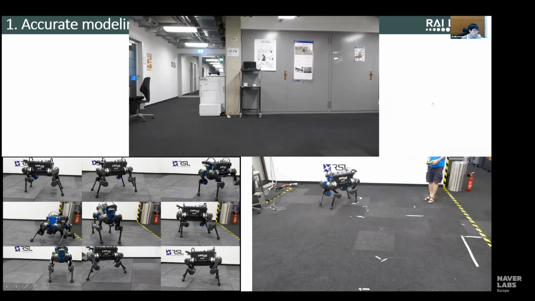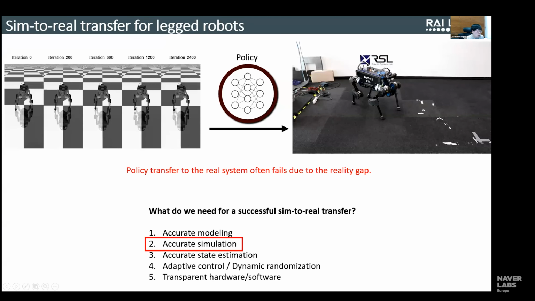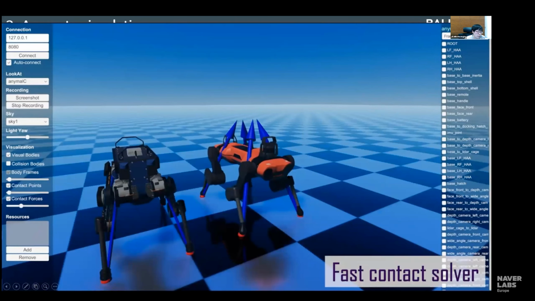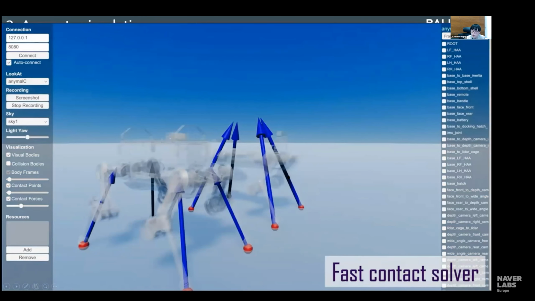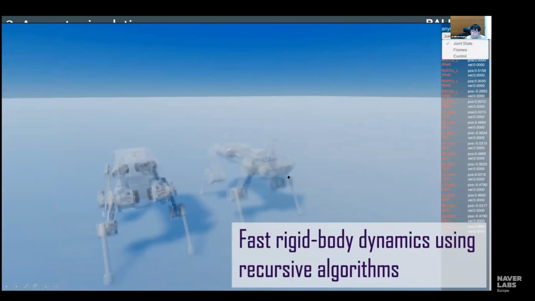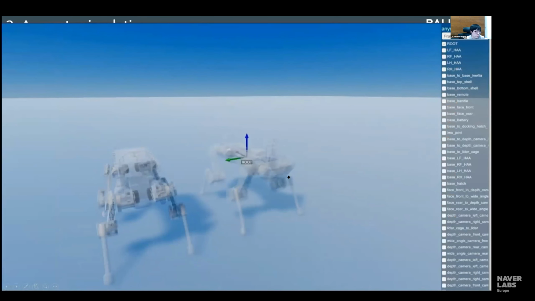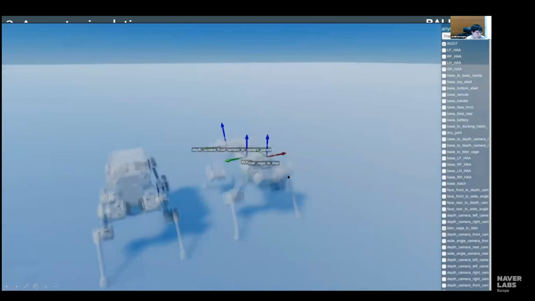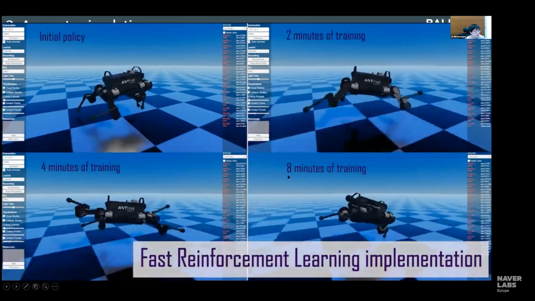So the next is accurate simulation. I'm not going to talk in detail, because of time, about what physics is inside this simulator. This is RaiSim. You can just get it from raisim.com. This is the physics engine that I developed during my PhD, and I'm continuing to develop it at KAIST.